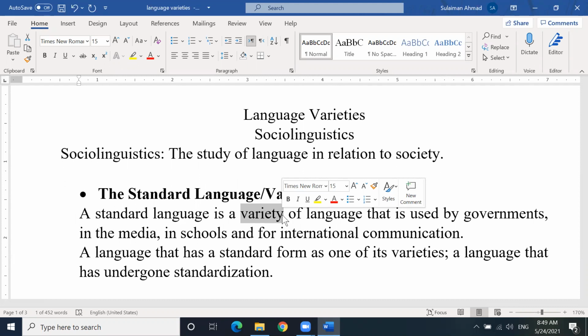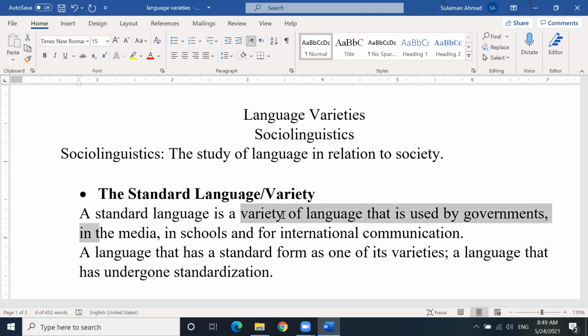So many varieties of English we have. That is what I mean by a variety, a dialect, you may say, or a type of language spoken somewhere else. So a standard language is a variety of language that is used by governments, in the media, in schools, and for international communication.